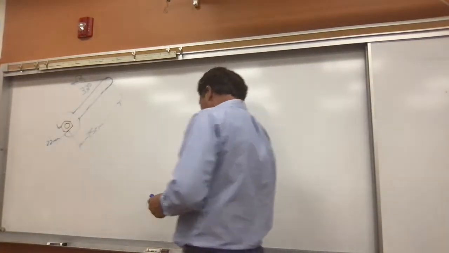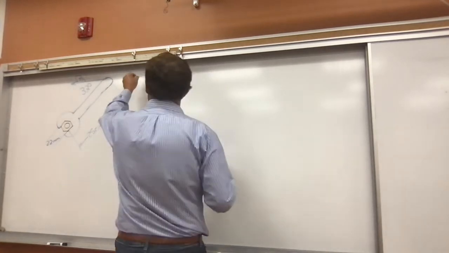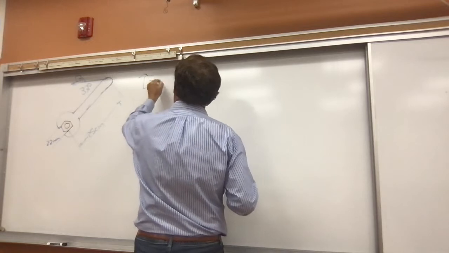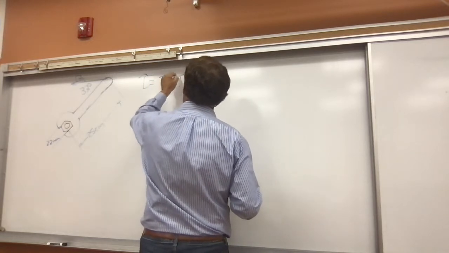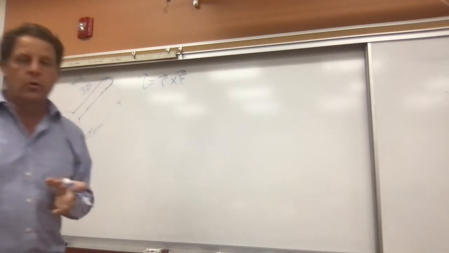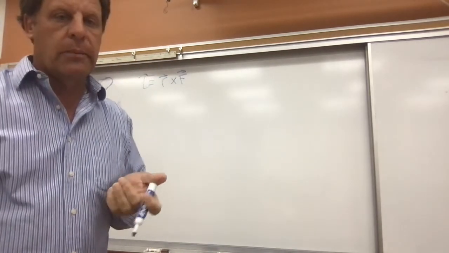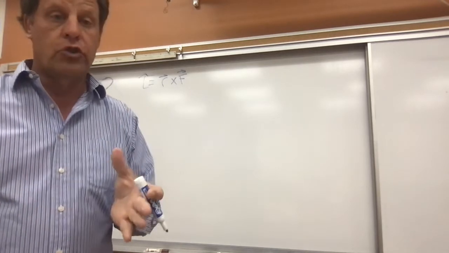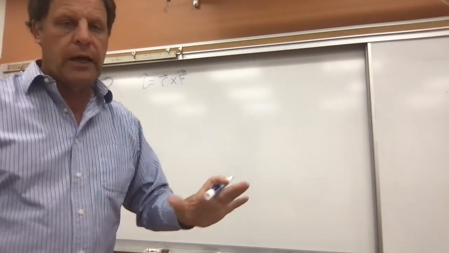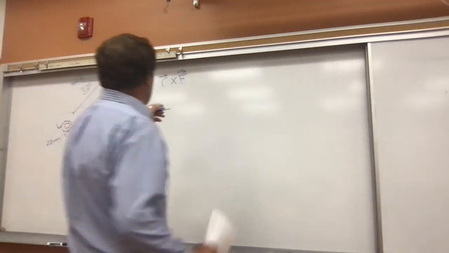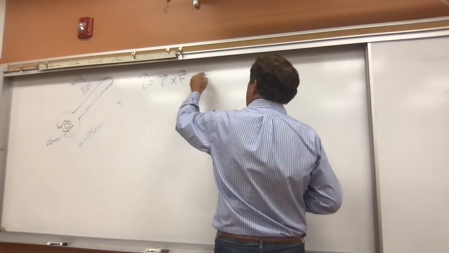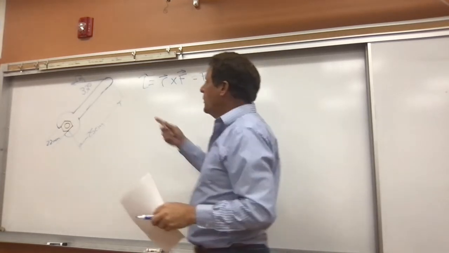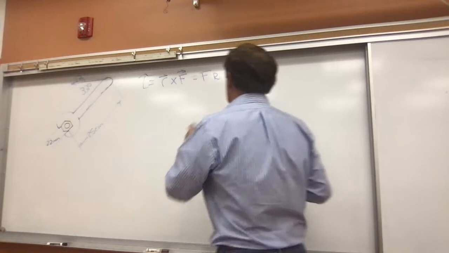So you guys will probably remember that torque is equal to R cross F, which gives you a more complicated solution with matrices, which we don't have to do here. So remember, what we want here is the perpendicular.